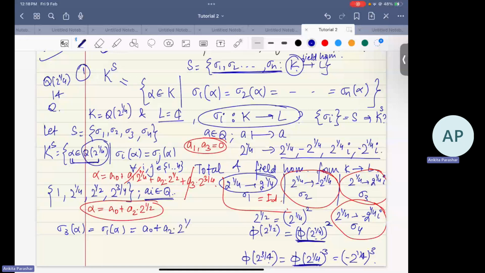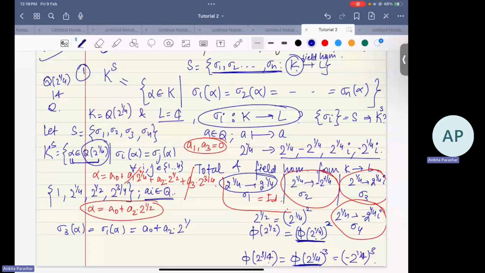If we want to say what is alpha such that sigma 1 alpha is the same as sigma 2 alpha is the same as sigma 3 alpha, if we look at this set, then alpha is only A0. Okay, maybe I'll write it completely. Alpha is like this. Yeah. A1, A2, A3 all are 0.